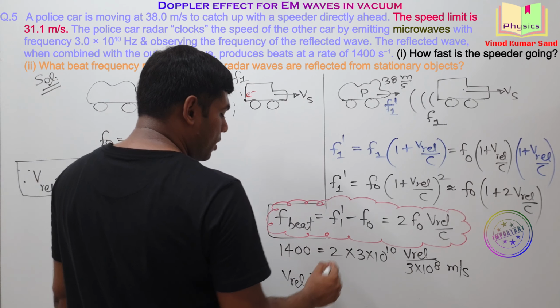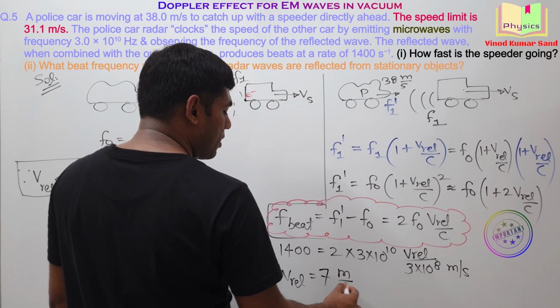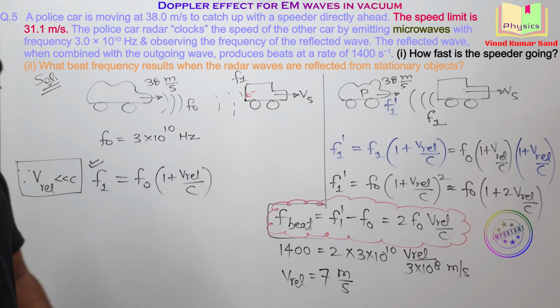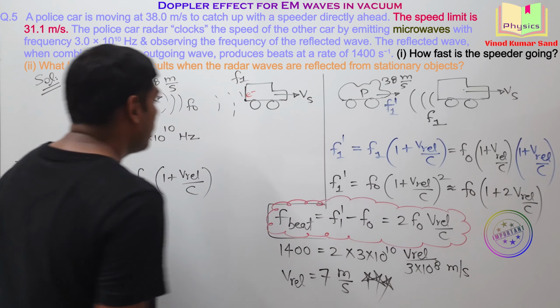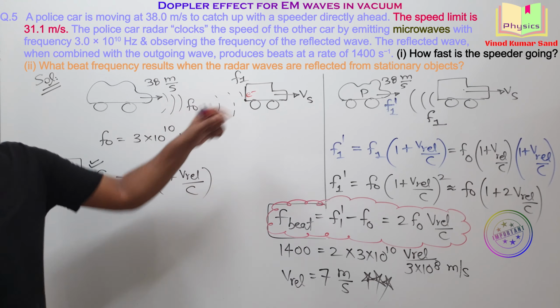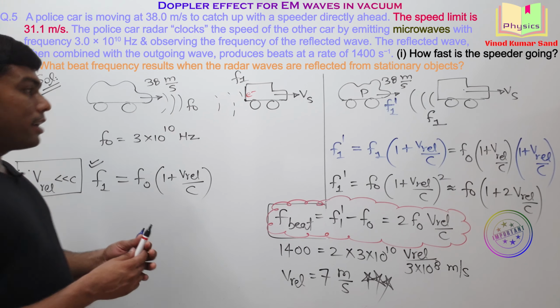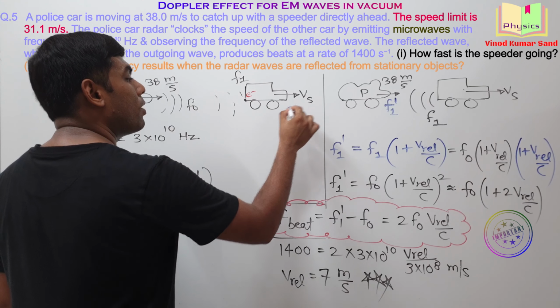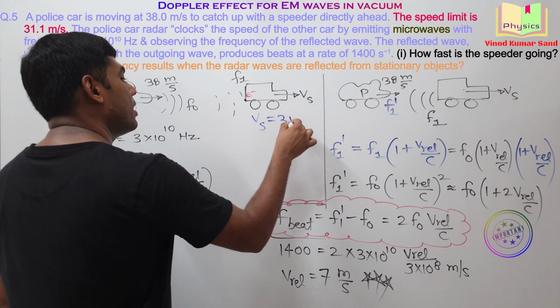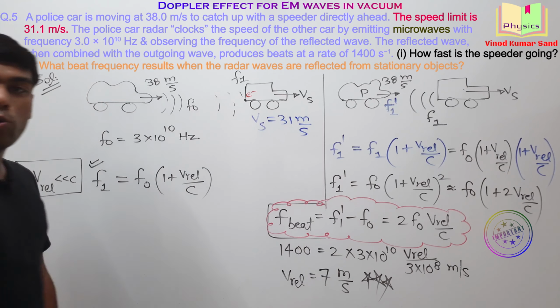V relative is equal to 7 meter per second. This is an important data. If the relative speed is 7 meter per second, it means this Vs should actually be equal to 31 meter per second. Do you agree?